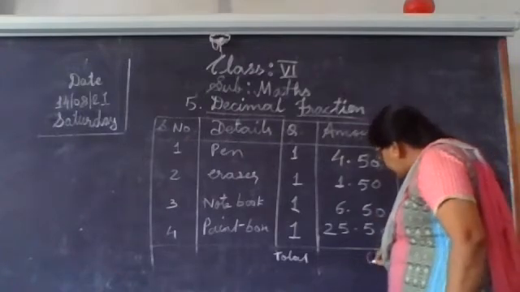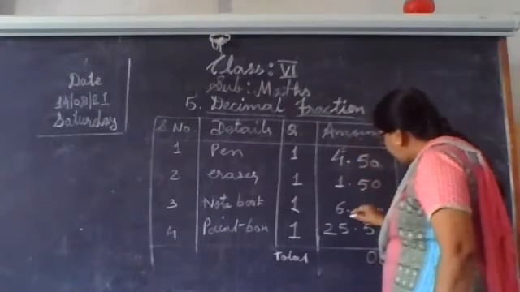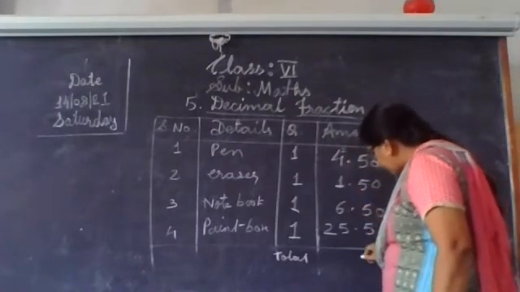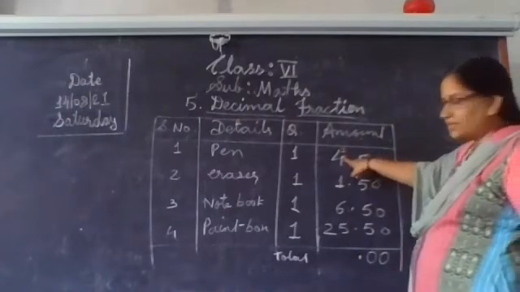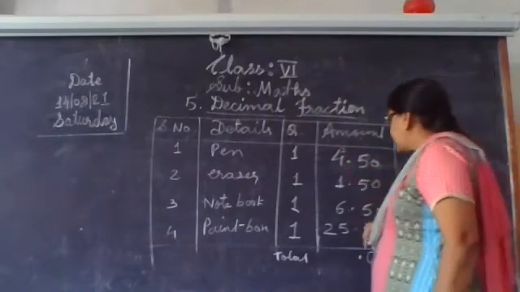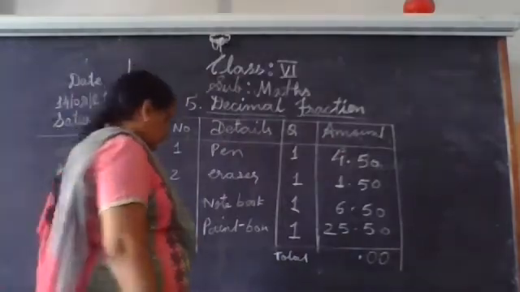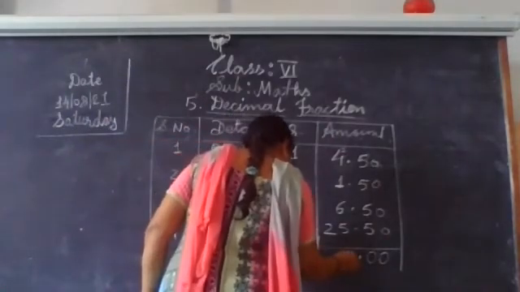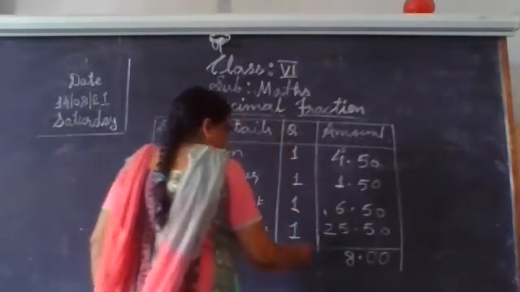So you write 0 here and 2 over this. Now add the decimal point. 4 plus 2, 6. 7. 7 plus 6, 13 plus 5, 18, over 1.